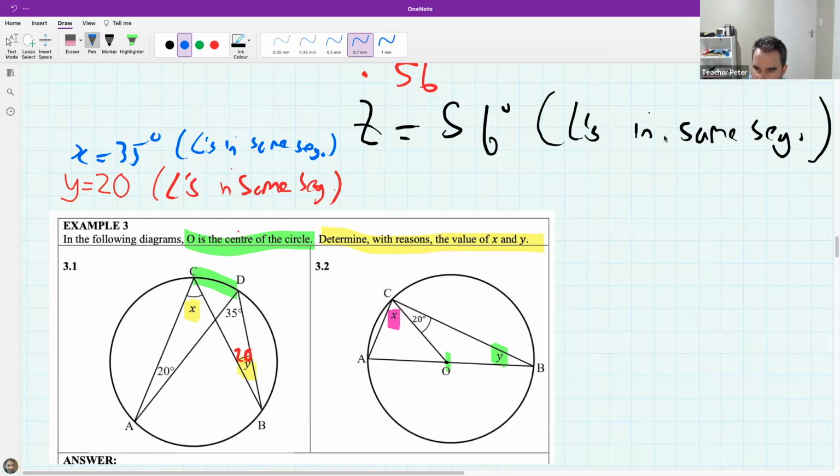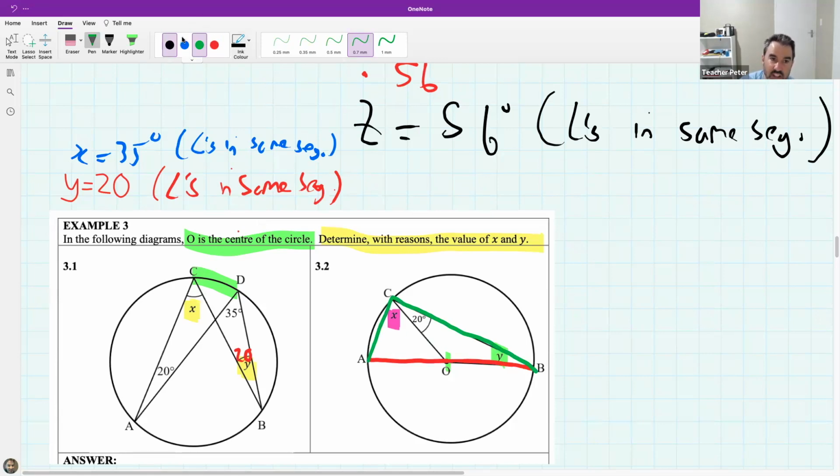Which one should we do first, X or Y? I'm remembering something about if you have a diameter, there's a theorem that deals with if you have a diameter and you make an angle at the circumference, what do we know about that whole angle?